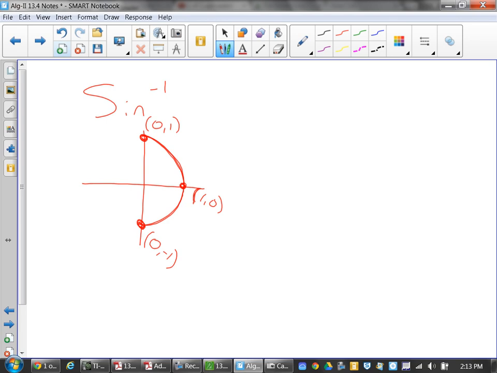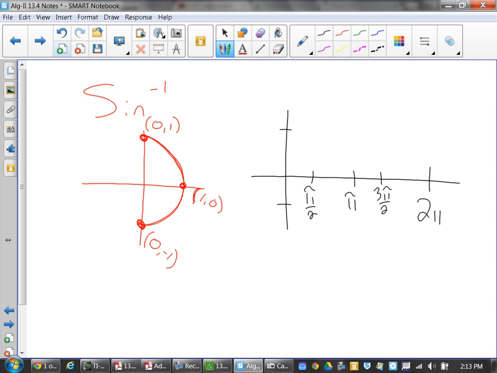Another way that you could look at this: if sine starts at 0, when it gets to pi over 2, that's at 90 degrees, right?